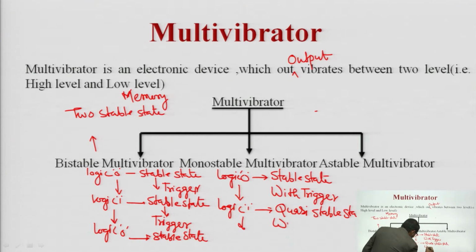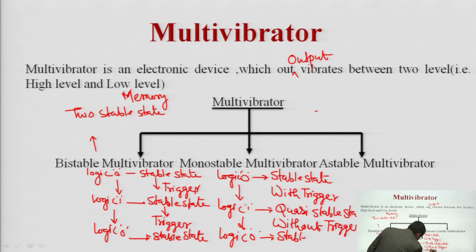Again, without a trigger, we do not apply input at the input terminal of the device, it jumps to logic 0 from logic 1, which is defined as a stable state.